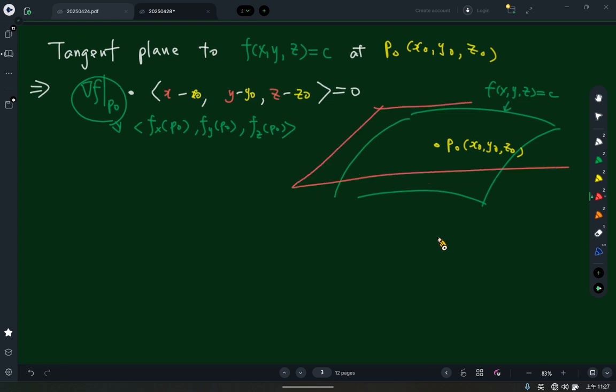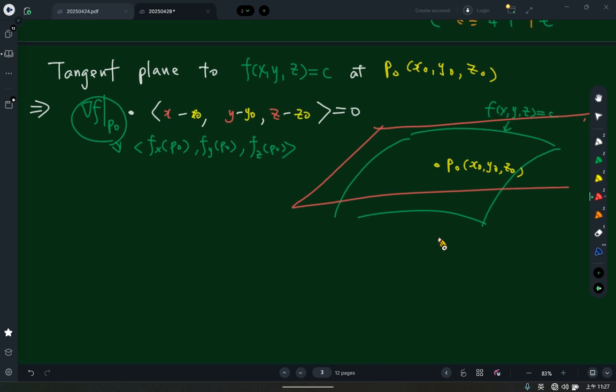Any point (x, y, z), you can make a vector with (x0, y0, z0).